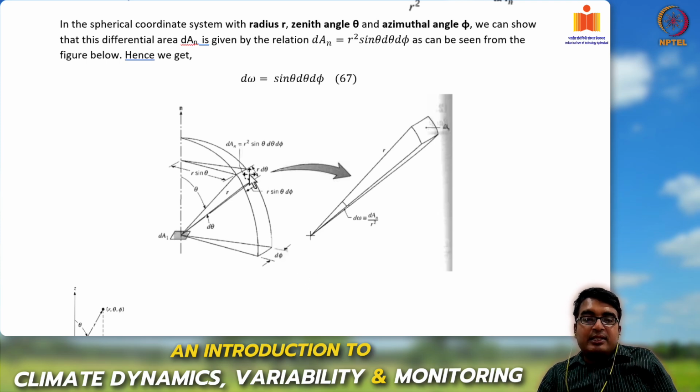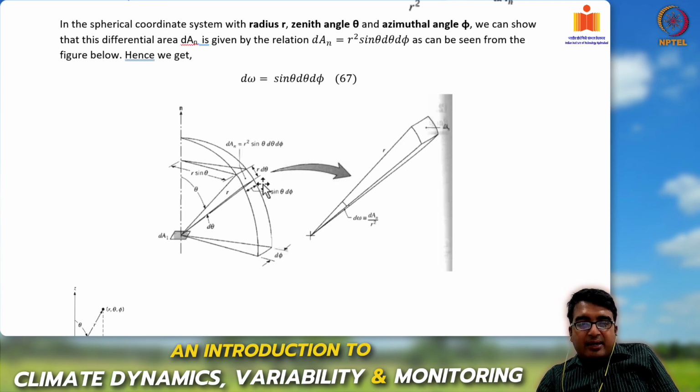So at the limit this becomes just like a rectangle, and its area would be this r d theta on this side. So this is the arc length r d theta, and on this side, because of this angle, it is r sin theta. Because this is r, this distance is r sin theta, correct?